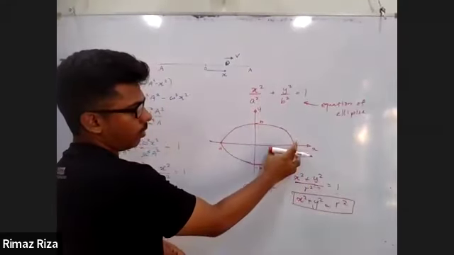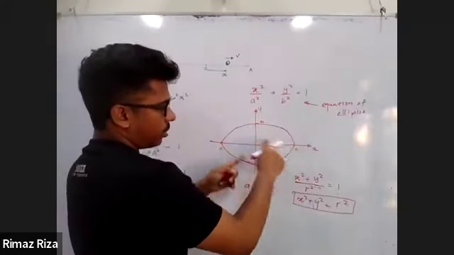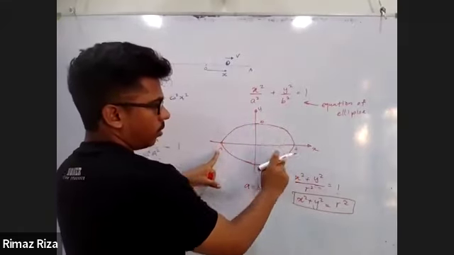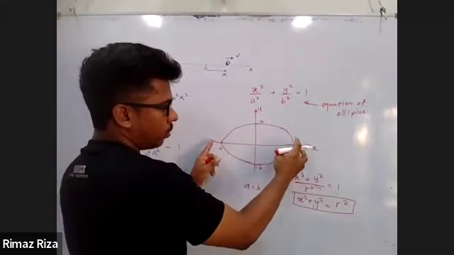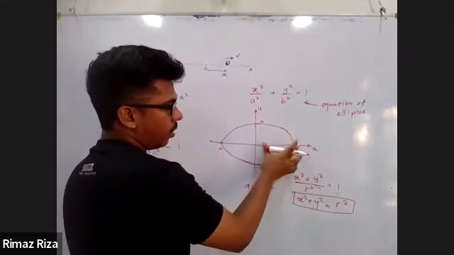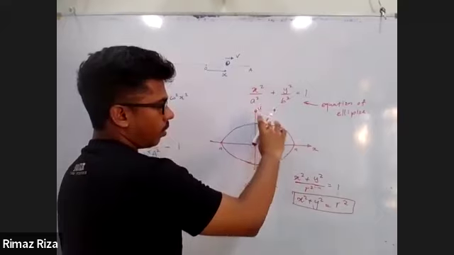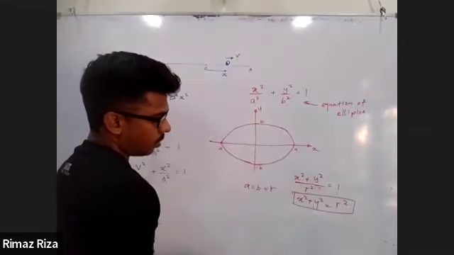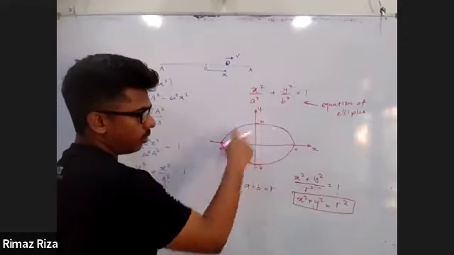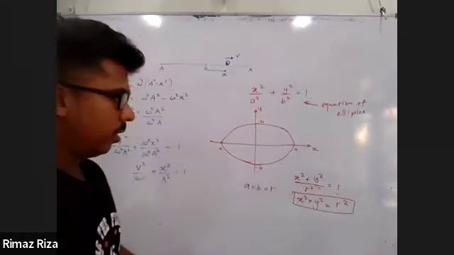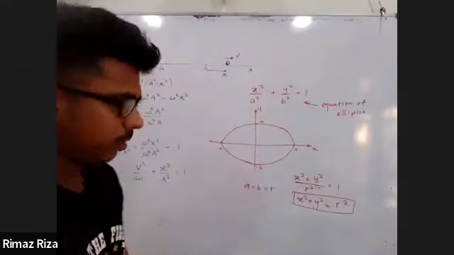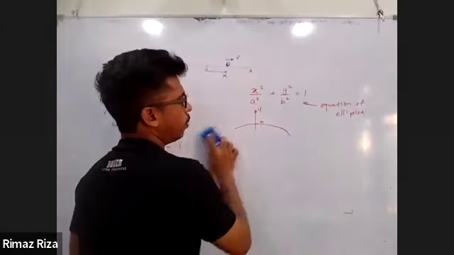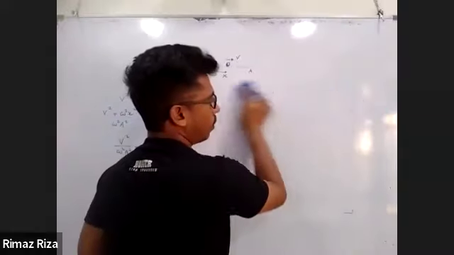If it is not equal, this side is a little more stretched than this side, so you get an elliptical shape. But if both the horizontal and vertical are the same, then you will get a circle. If a equals b, then it will be a circle. Anyway, these things are not in the physics syllabus, just to give you some idea about how this graph comes.